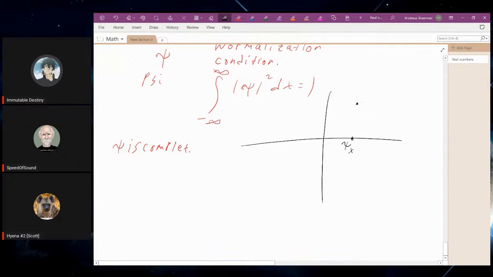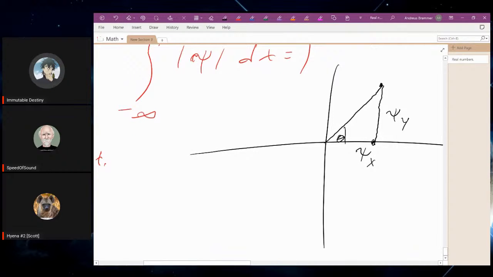There's some point in the complex plane we want to touch. Some value of psi in the y direction. We have an angle theta. And this thing we called z earlier, because remember, we called this thing x and we called this thing y. Another name for z that's given in the treatment of complex numbers is this symbol with these vertical lines around it.